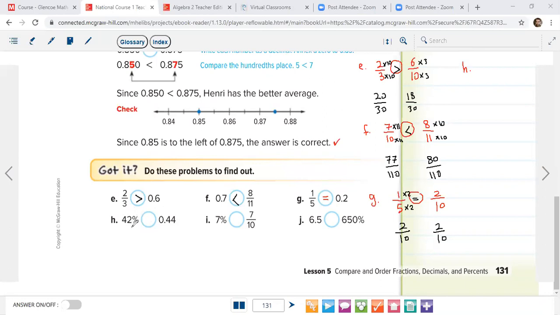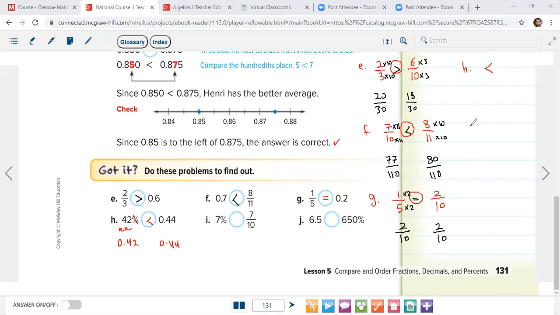I will imagine here a decimal point, and I want to erase the percent sign, so I'll move backwards 2 places. So this will be 0.42, and this one is 0.44. And it's very clear that 0.44 is bigger than 0.42. So for problem H, the sign takes this direction.